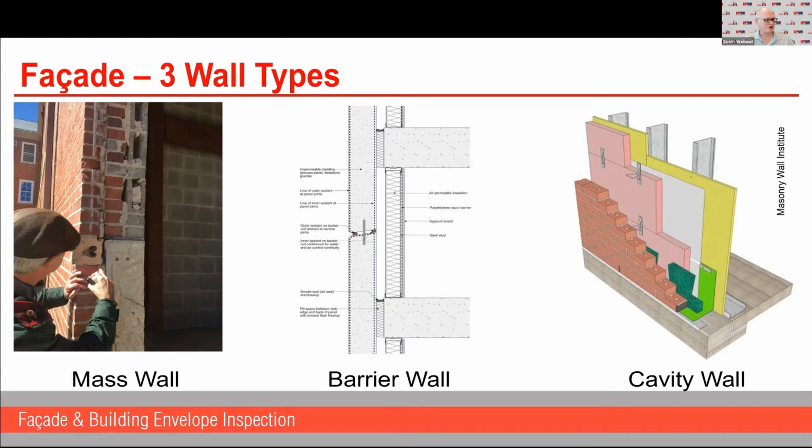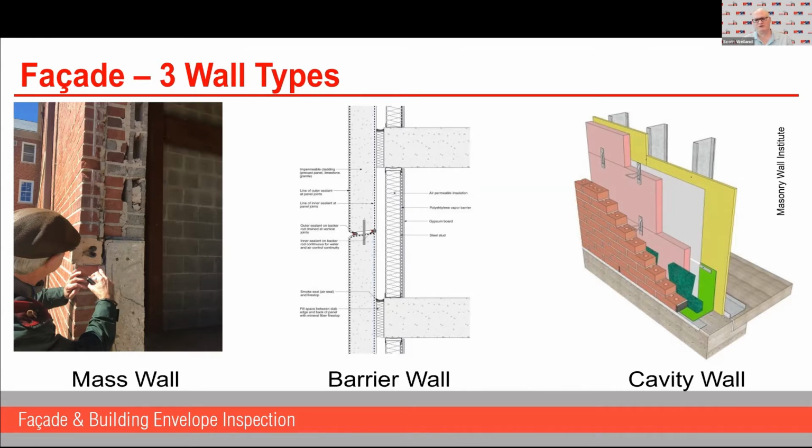A barrier wall, as shown in the center detail there, was developed because mass walls were hard to use in high-rise buildings, and they're also quite expensive. And so with the advent of ductile iron and structural steel buildings and later reinforced concrete, they would try putting a barrier wall.